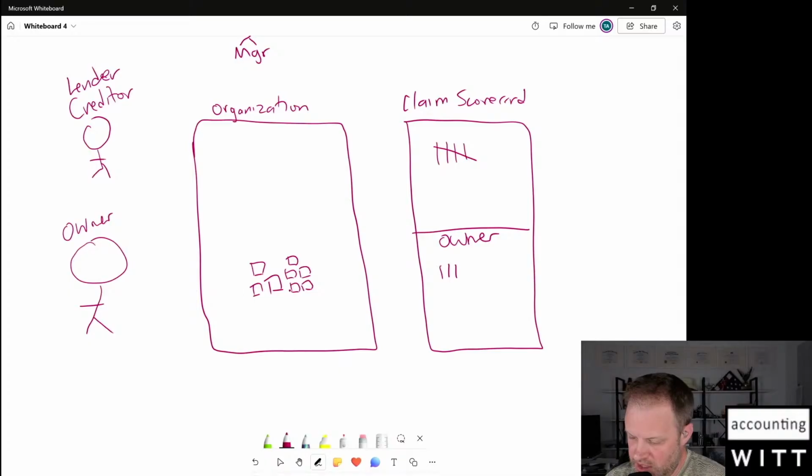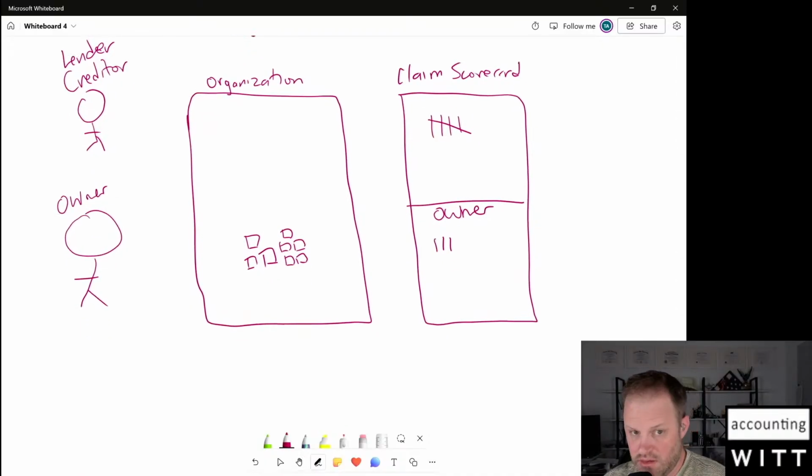So there's 8 units of assets. And the scorecard reflects who gets those assets if they were taken out of the organization. And the rules are, if any of these assets come out of the organization, they go in order of the scorecard. So the priority claim.